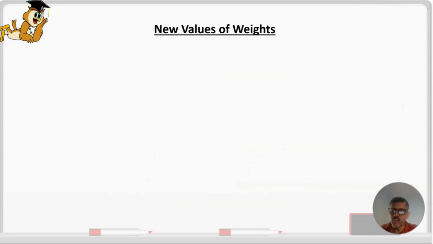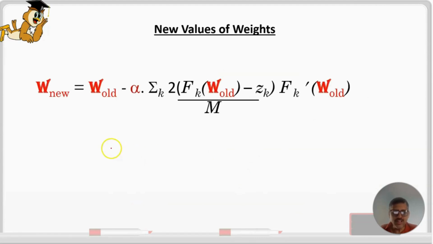The new values of the weights, like we did in the one dimensional example or the two dimensional examples, we moved the point based on the gradient. Your new values of the weights, W new is W old minus, why minus? Because it's an error that we want to minimize.